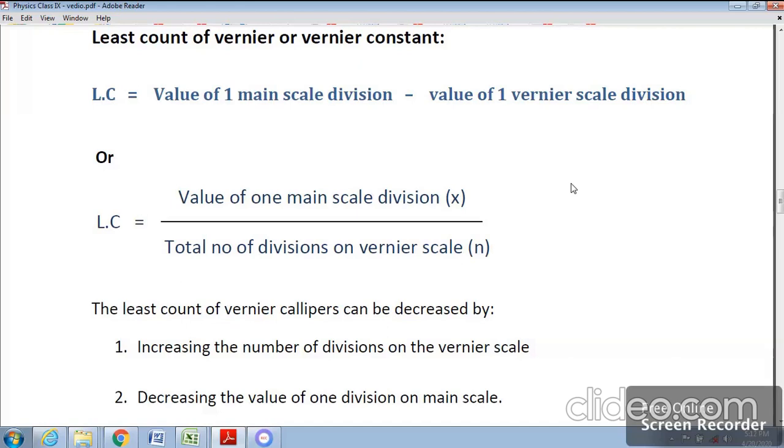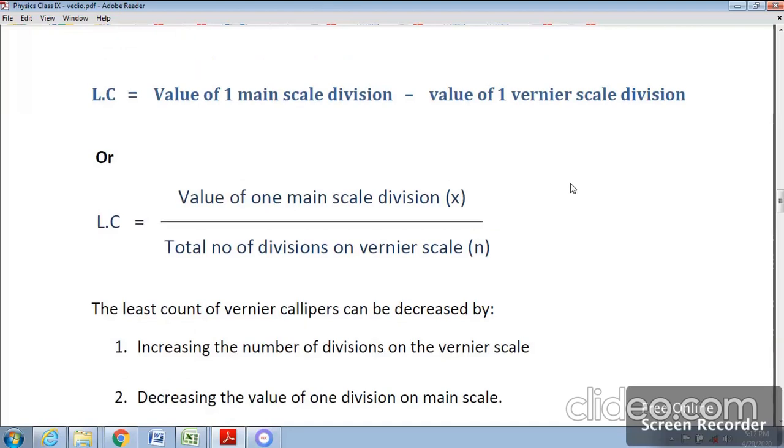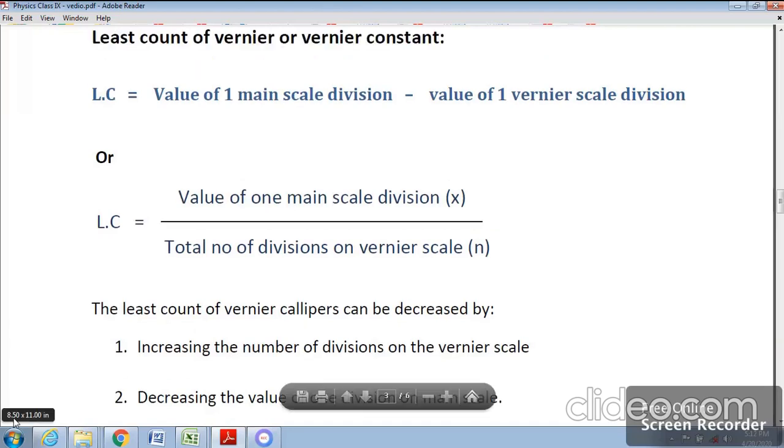Generally the vernier scale has 10 divisions, and the total length of these 10 divisions is equal to the length of 9 divisions of the main scale.